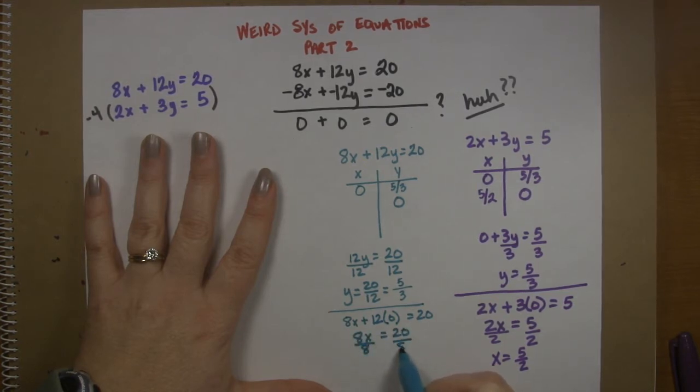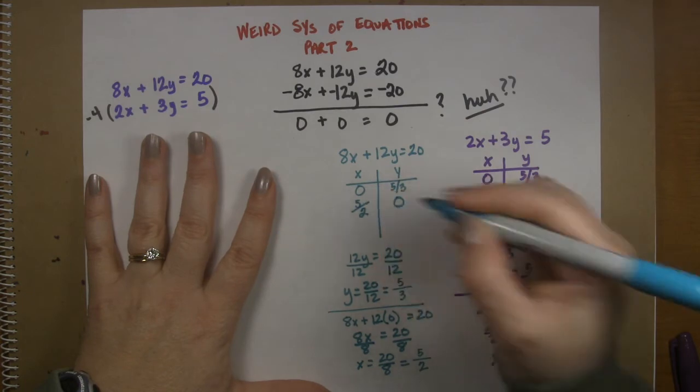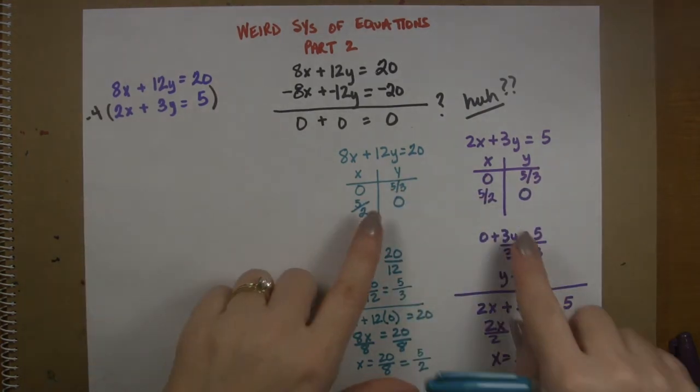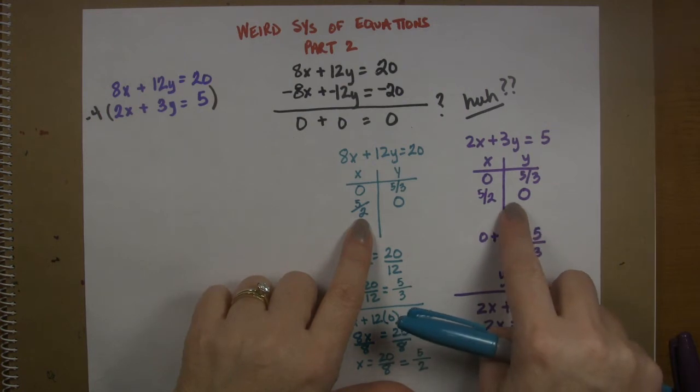Divide both sides by 8. x equals 20 over 8, which can again be reduced by 4, coincidentally. 20 divided by 4 is 5, and 8 divided by 4 is 2, so that gives us 5 halves over there. And again, you will see that that is the exact same point we calculated over here.